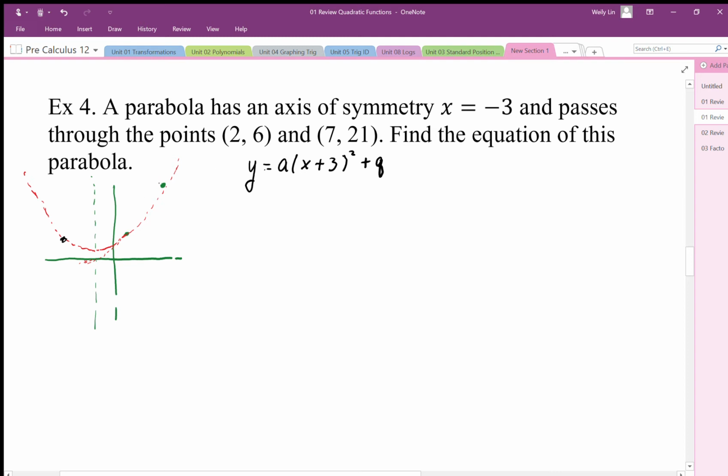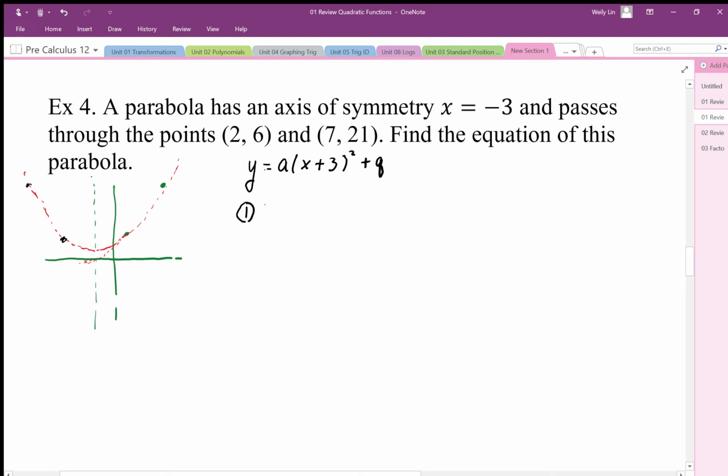This coordinate up here, symmetrically, is going to be at (-13, 21). So it doesn't really tell us anything algebraically. It doesn't give me any idea about a and q yet. So I'm just going to set this up as a system of equations, because it doesn't look like I have any other options.